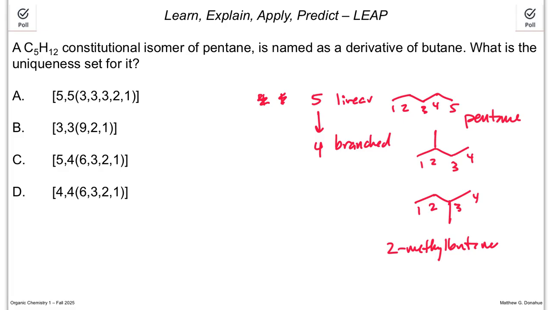So maybe I'll do some color stuff here. So we said D, right? So there's 6. There's the 3.